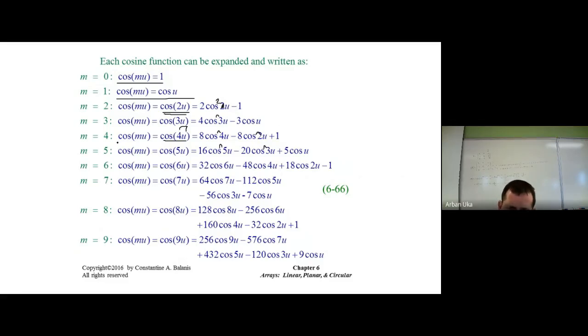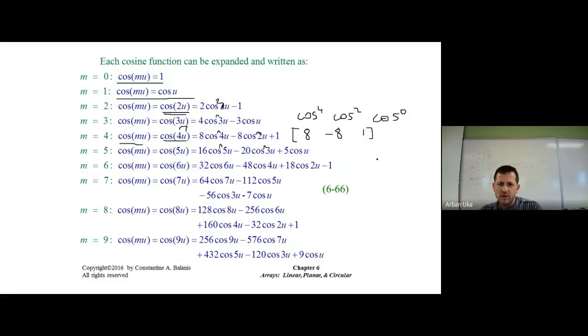So this means that this cosine mu can be described as a vector which has coefficients of 8, minus 8, 1. And this 8, minus 8, 1 is multiplied with cosine to the power 4 u, cosine square term, and the last term, cosine to the power 0.